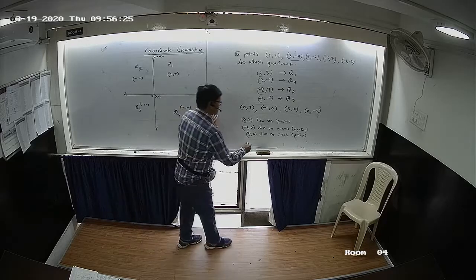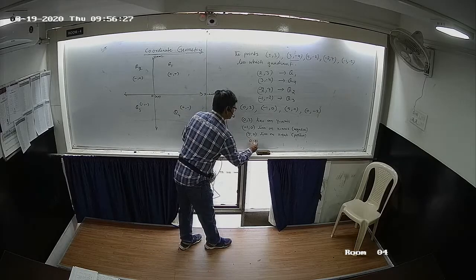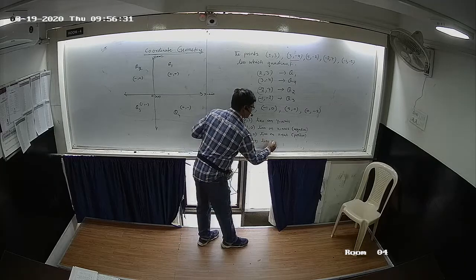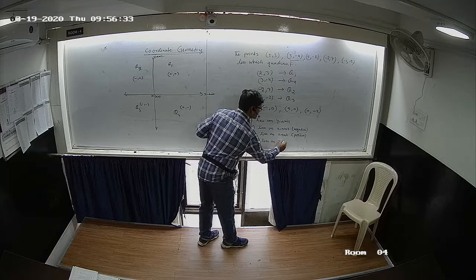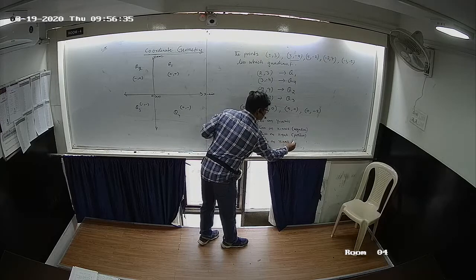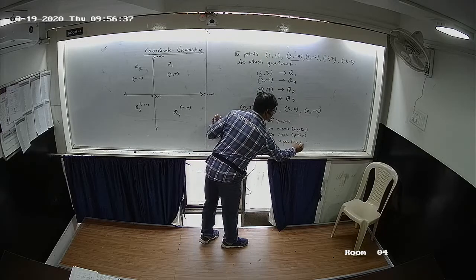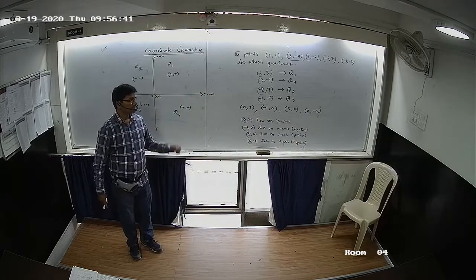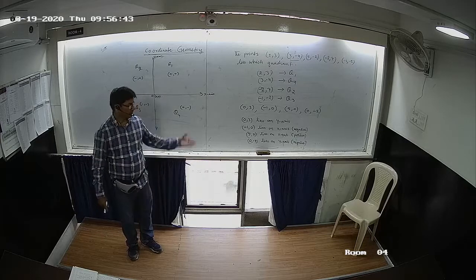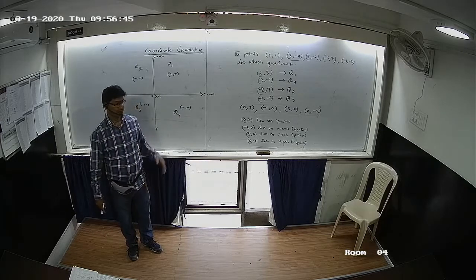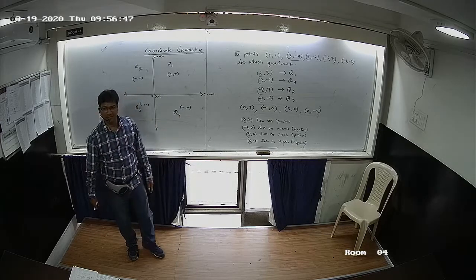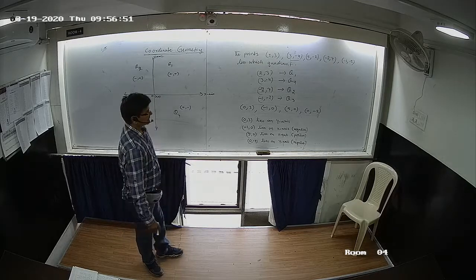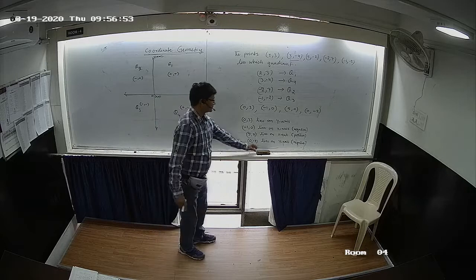And (0, -2) lies on the y-axis, which is the negative y-axis. So, in this way, just by observing the following pairs, you can decide which quadrant they lie in or on which axis they will lie.